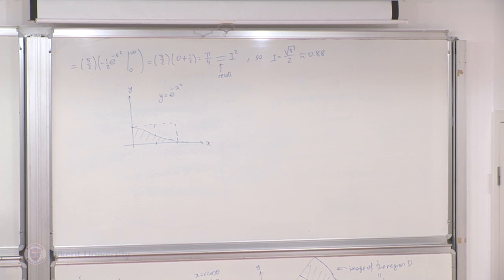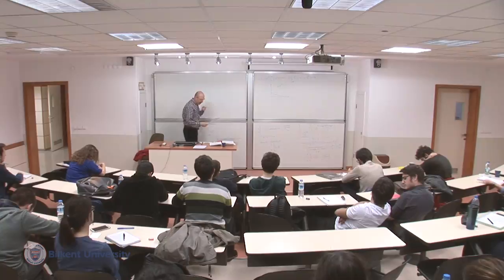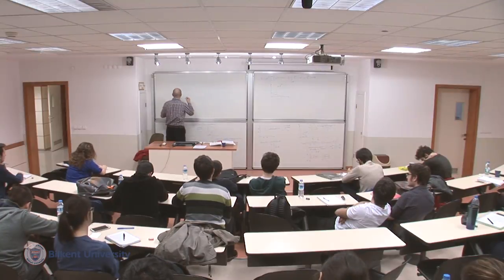Okay, so let's do another example. This is again a case where you don't want to deal with the xy coordinates in finding the antiderivatives. So, I'm erasing this. I'll just write the problem.